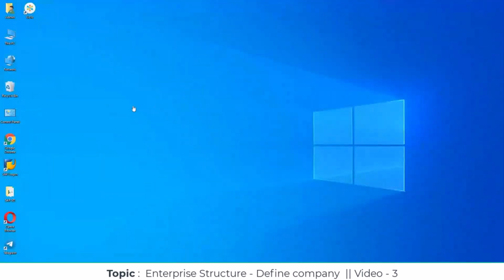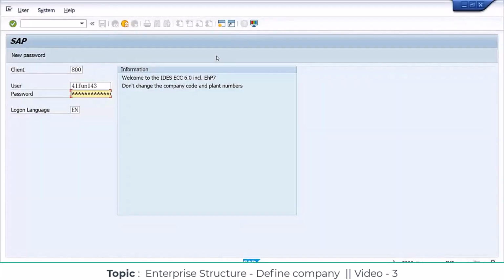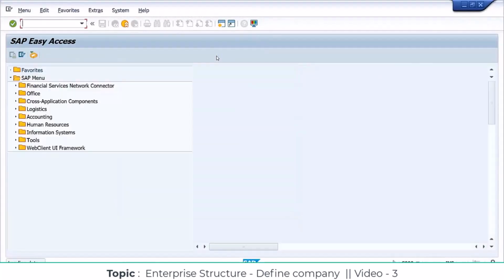Now, let me try to log in. As I mentioned, once you log in to the SAP application, we call this the front-end application, easy access. On this particular screen, it is basically our end users who are going to be working. We don't work over here. So first thing we need to get into the backend by executing the transaction code SPRO.